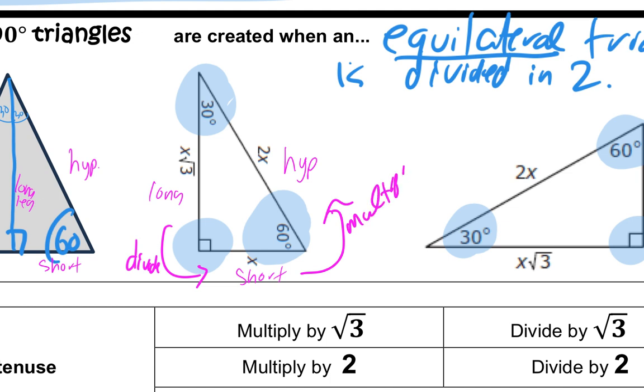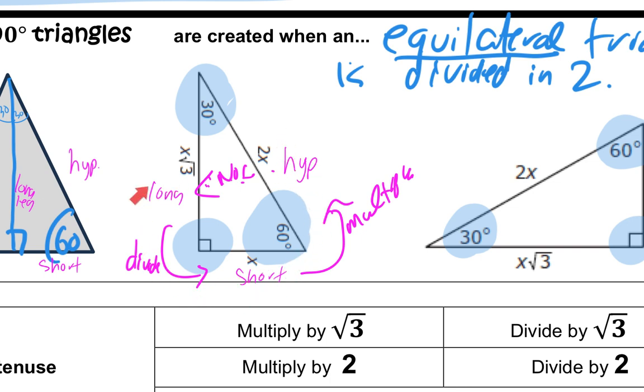So on this 30, 60, 90, we're not going to go from hypotenuse to long. We're not going to go this way. We're going to make sure that we go this way or this way.